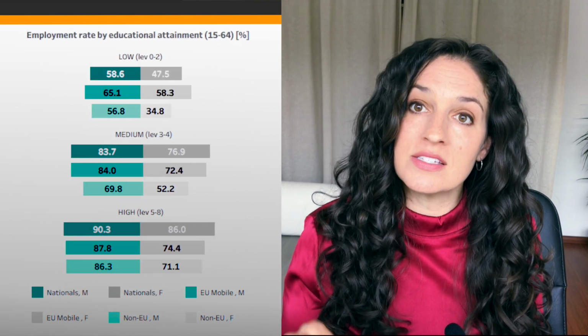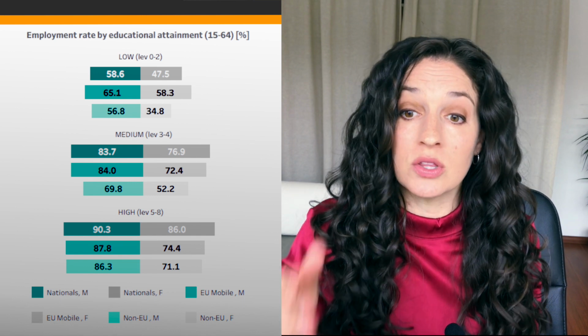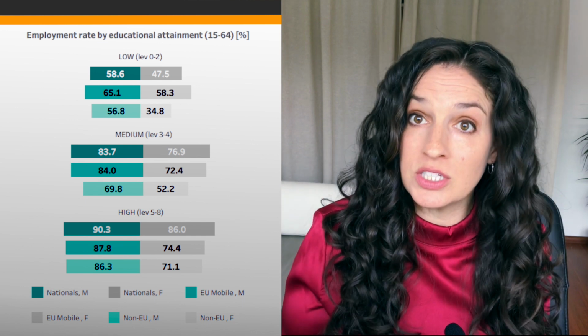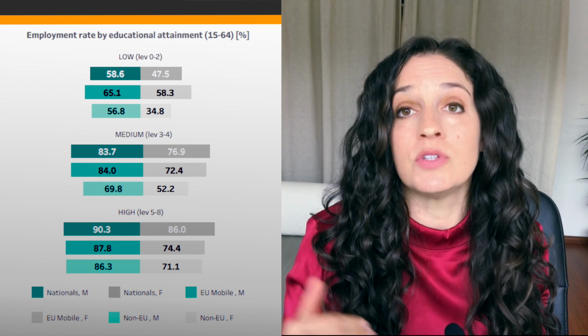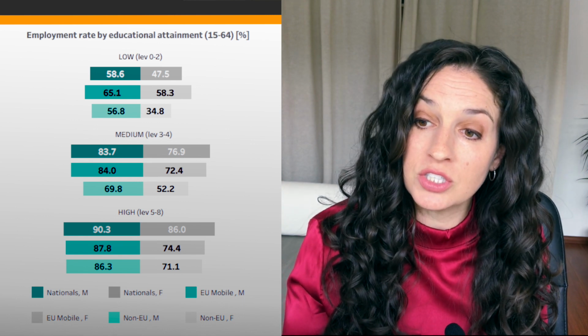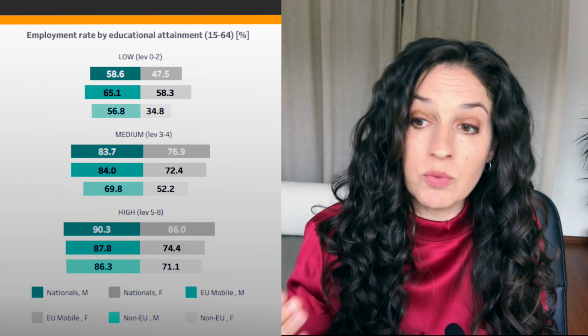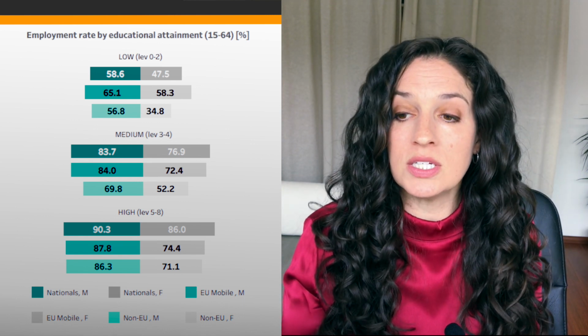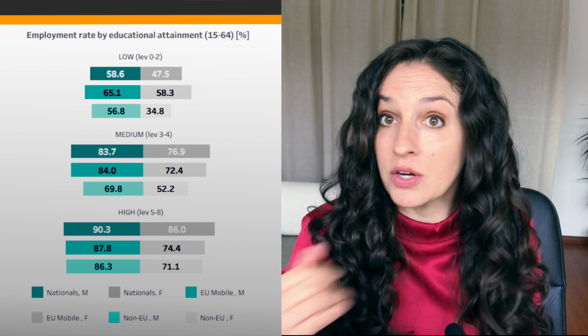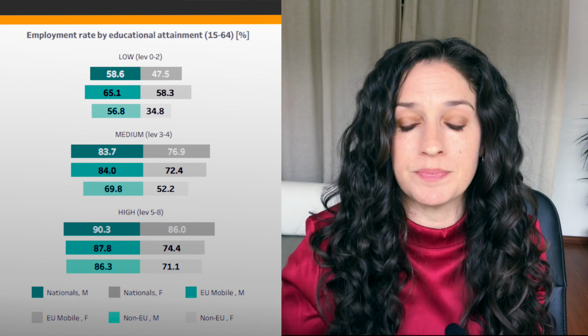Now let's look at this by levels of education. So we can look at low, medium, and high levels of education and how each of these groups are performing on the labor market. And we can see at the high education levels, really pretty much everyone is performing quite well, although we do see a general lower representation of female immigrants compared to national women.